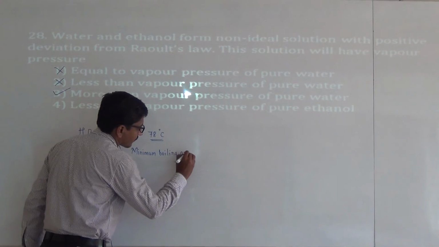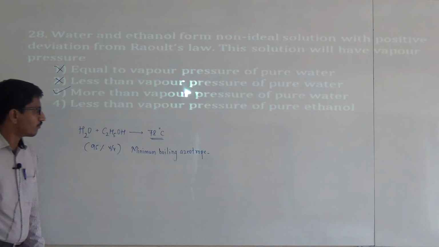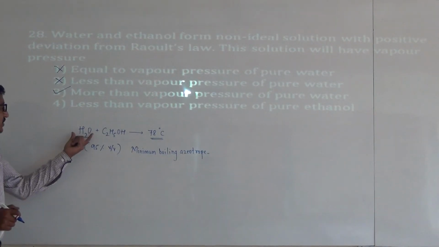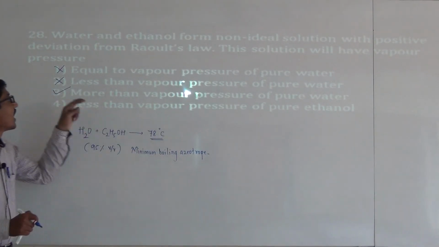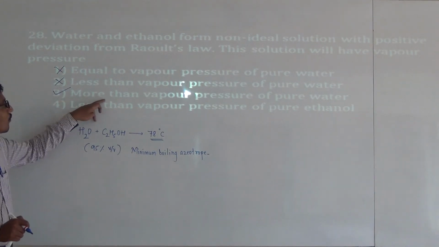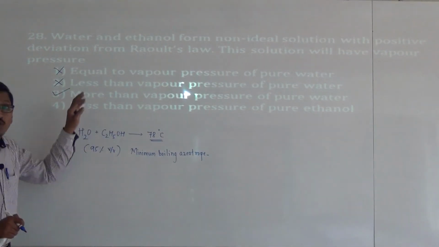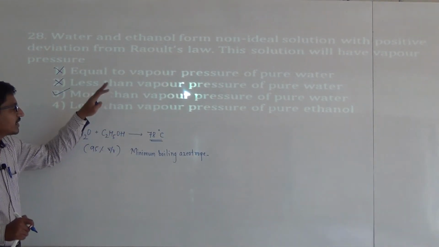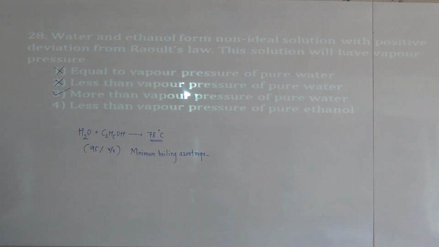This liquid mixture boils at a lower temperature. The boiling point of water is 100 degrees Celsius and this mixture boils at 78 degrees Celsius, and the vapor pressure of the mixture is more than that of pure water, and vapor pressure being more means it boils at a lower temperature.